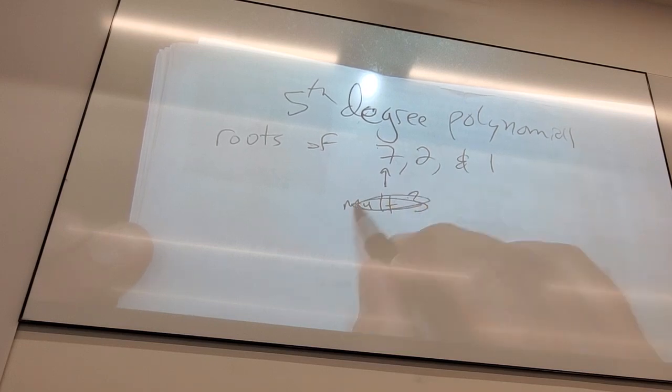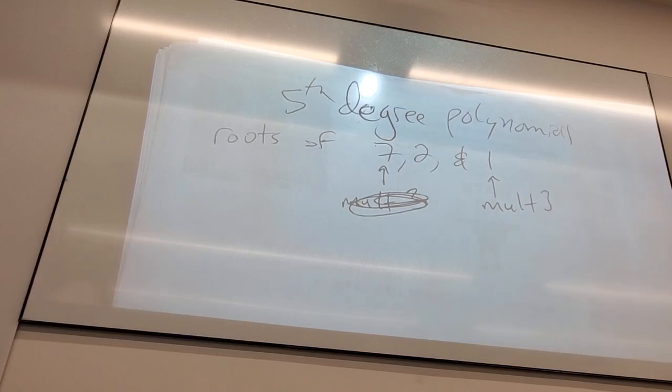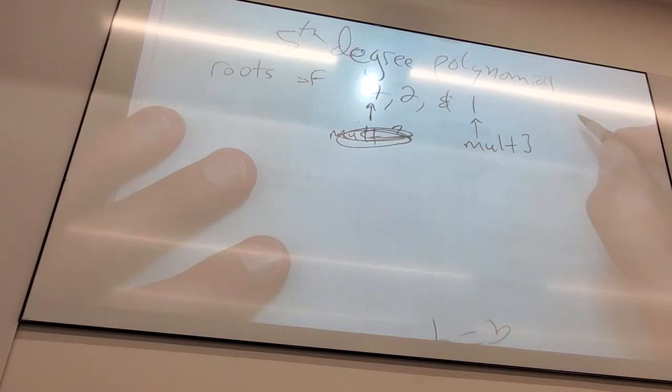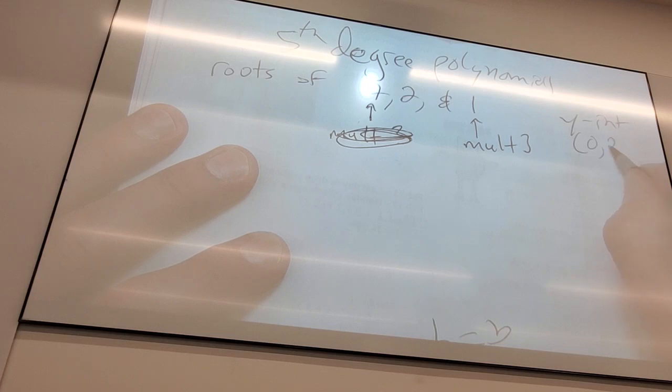Let's say this one happens with multiplicity 3. That's better. You'll see why in a minute. But it also tells you that the y-intercept is something. Let's say (0, 20).